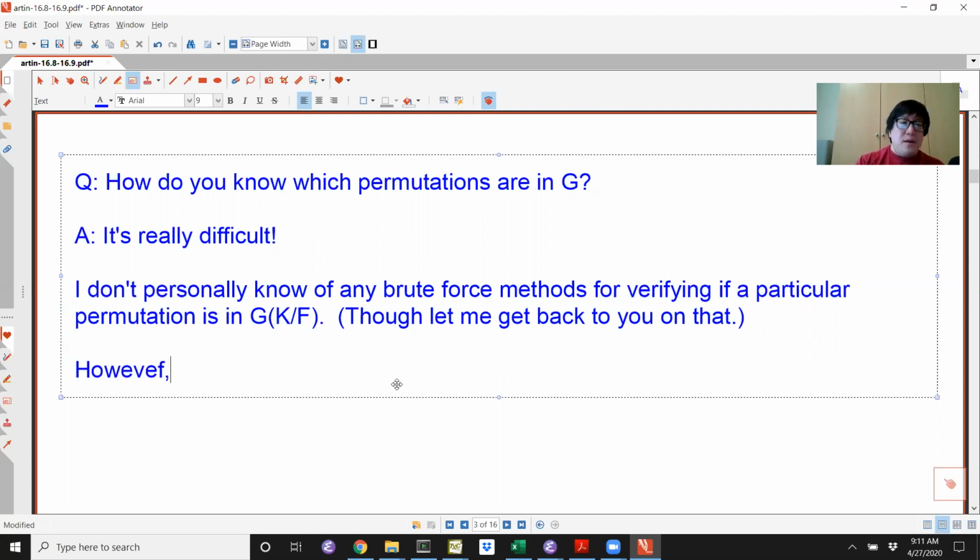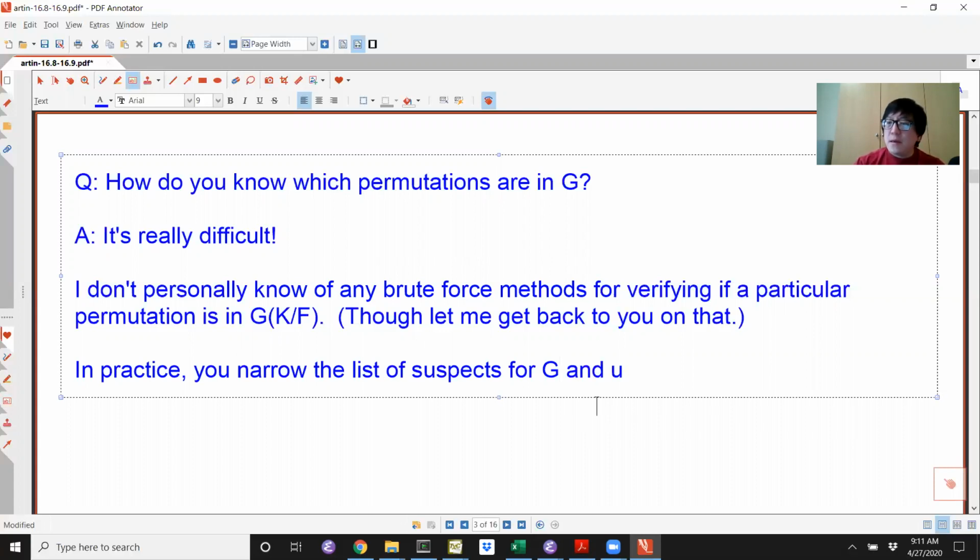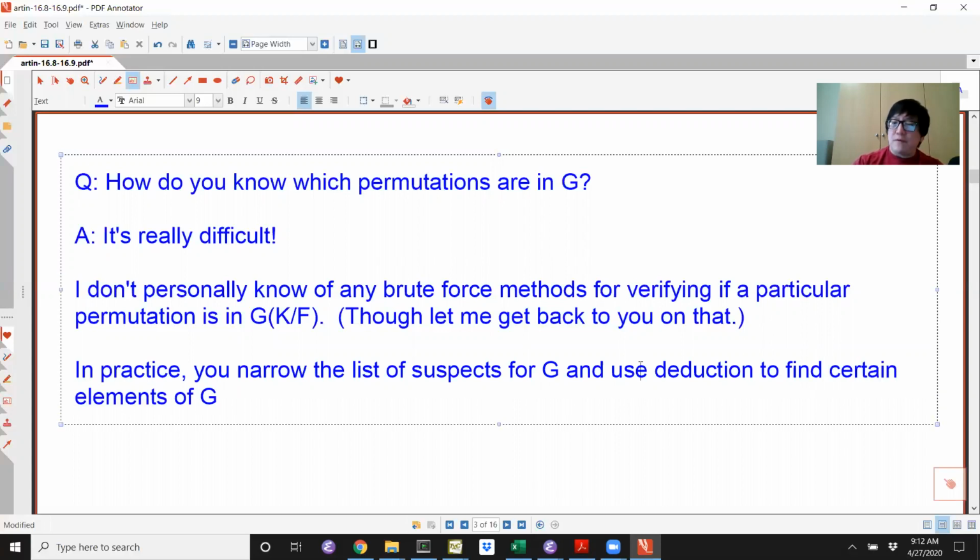However, in practice, at least in a course, if you're not using a computer to do this, you narrow the suspects for G. You use deduction to find certain elements of G, and thus eliminate enough suspects to figure out what G is.